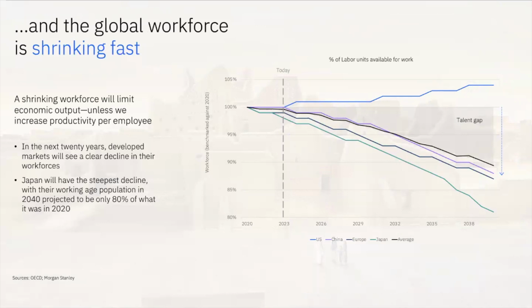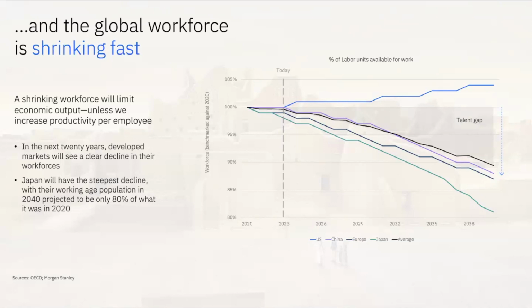This graph illustrates that the working-age cohort globally is declining, starting in 2013, and it is expected to be around 10% down in the next 20 years. So how can we overcome these gaps?